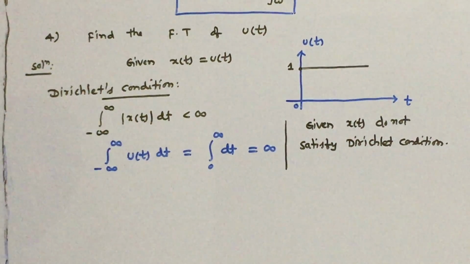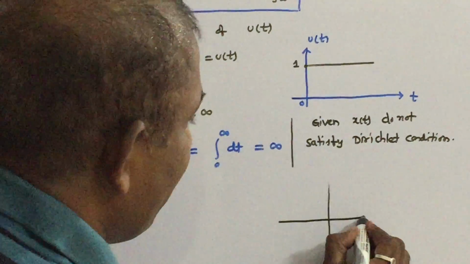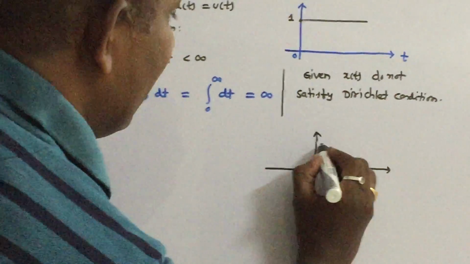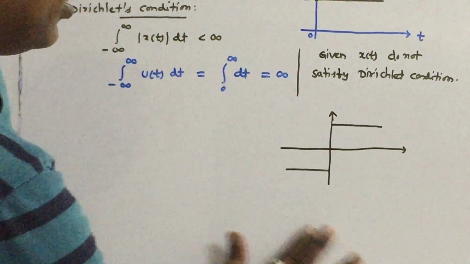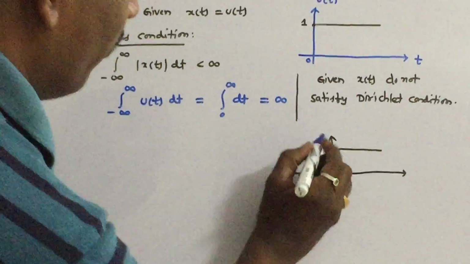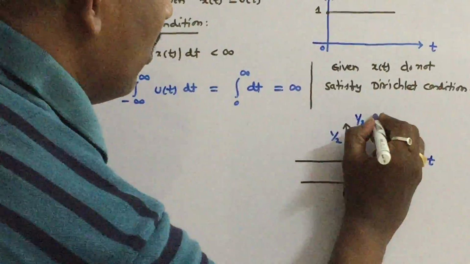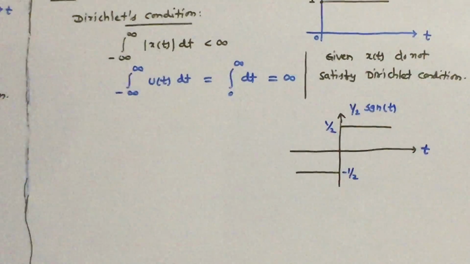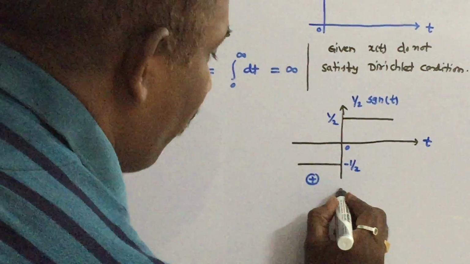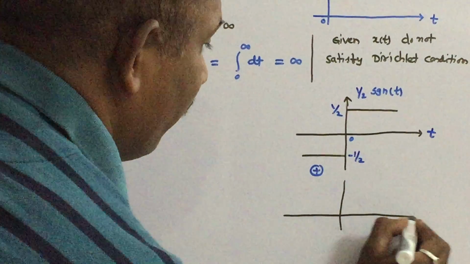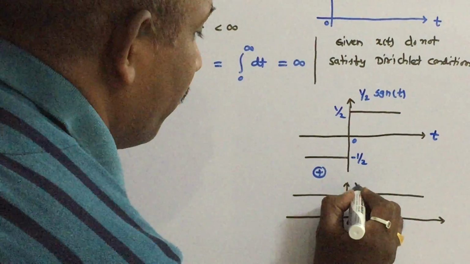So we can find the Fourier transform by another method. I have already given, in the first unit, the relation between signum of t and u of t. Signum of t has amplitude minus half on the left, which can be written as half signum of t. So I have added an amplitude of 1 by 2.